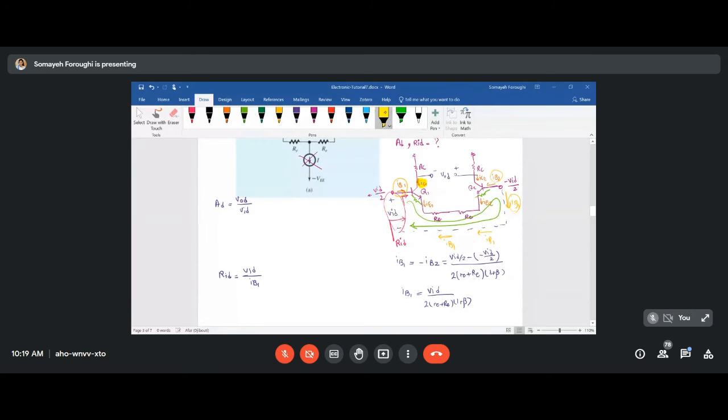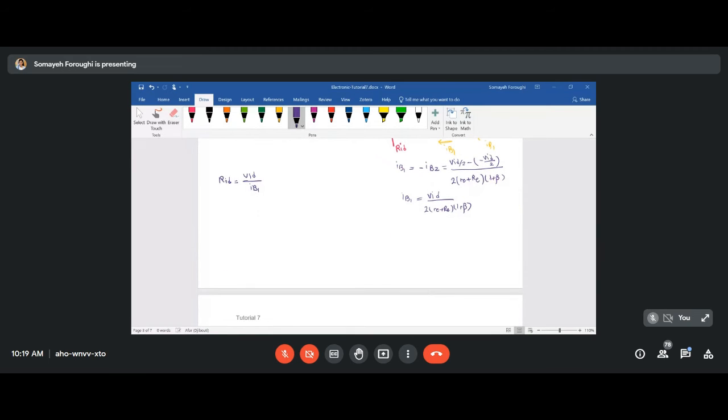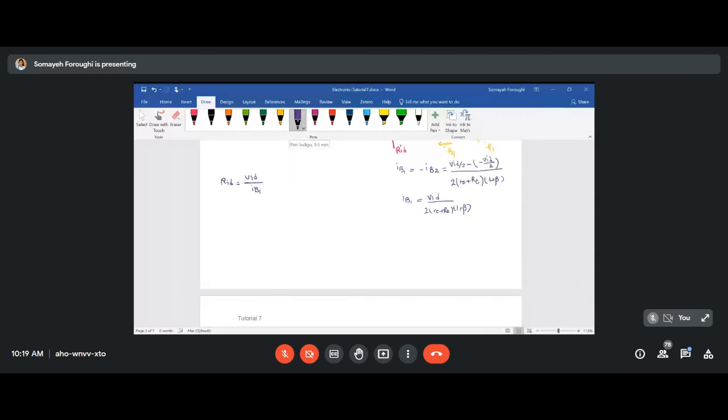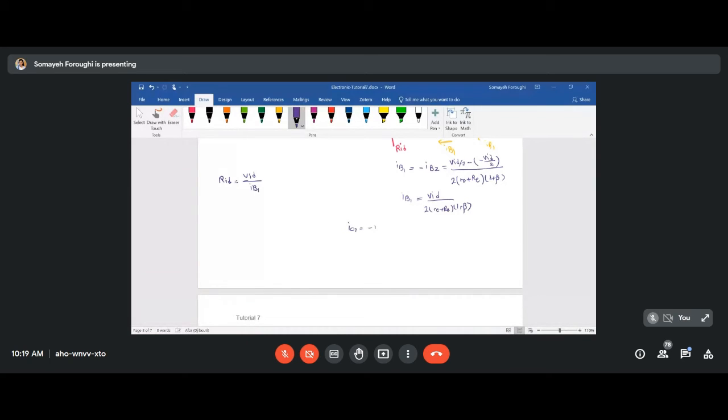This should be exactly in the opposite direction of the other one if you consider them all in a loop. It means IC1 is negative of IC2, and the same for IE1 and IE2.